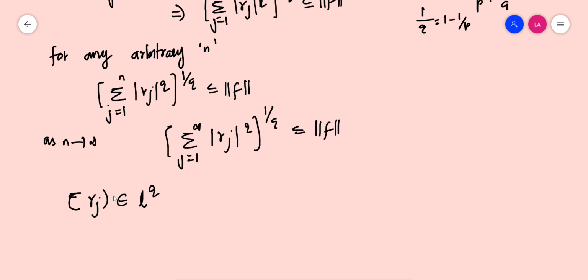So what we have done is we have taken an arbitrary linear functional f in LP dash, and associated with that we have defined an element in LQ.